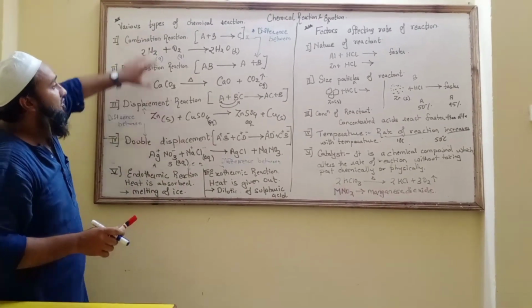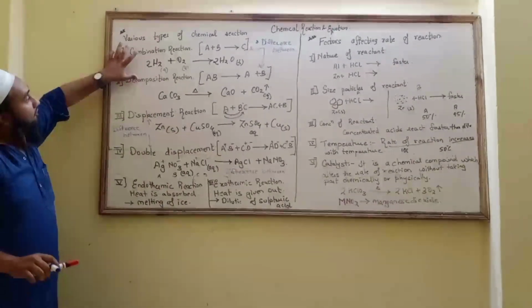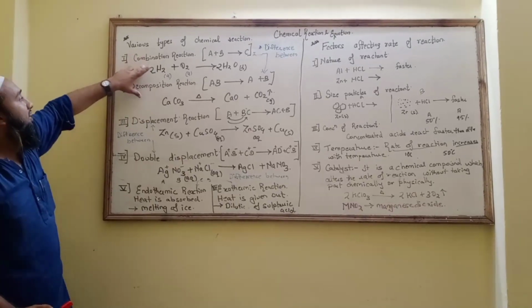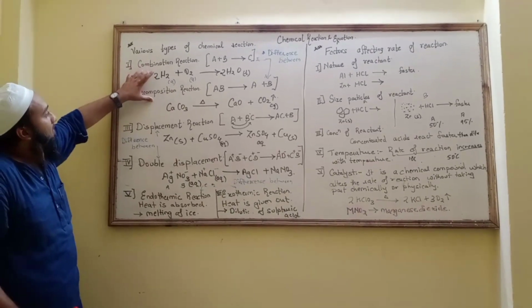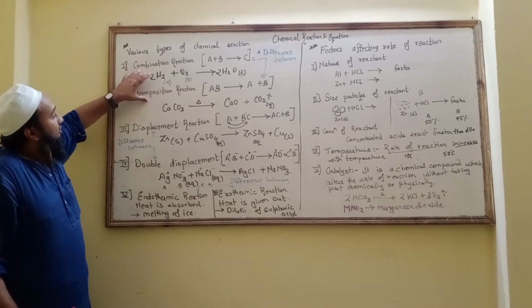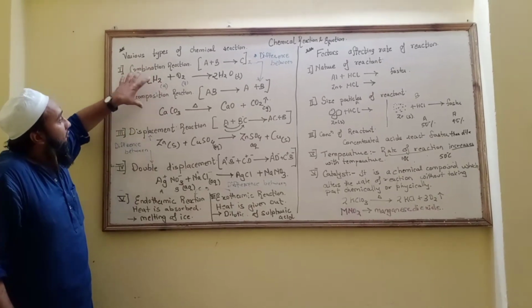These 3 differences you need to know, and I will give you a word copy. I will forward a PDF of this, which will be given in the group for your reference.